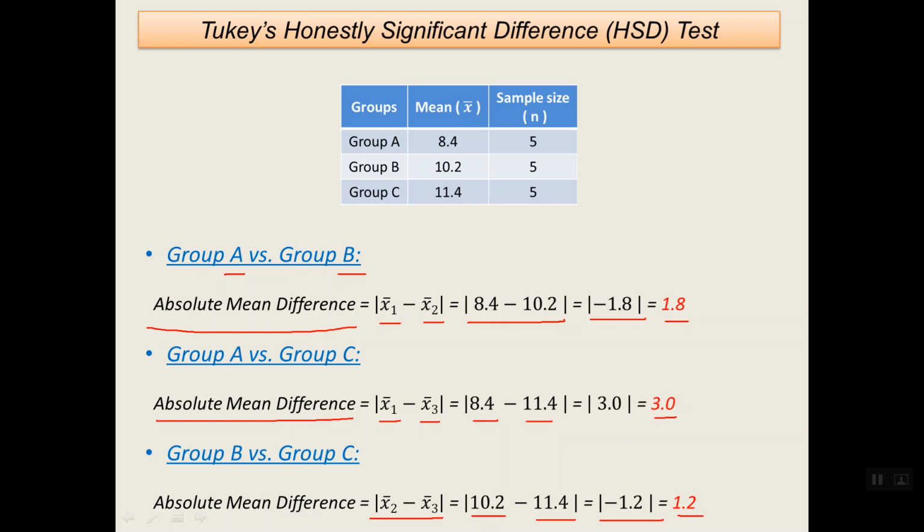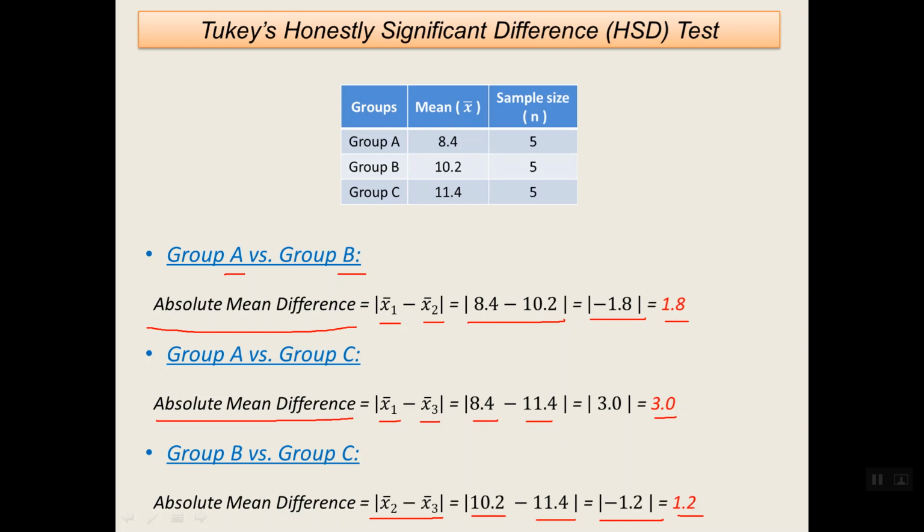What is needed from this question? We need to check whether the difference between a pair of means is significant or not significant. If the difference between the two means is greater than the value we get for Tukey HSD, we say that there is a significant difference between these two means.